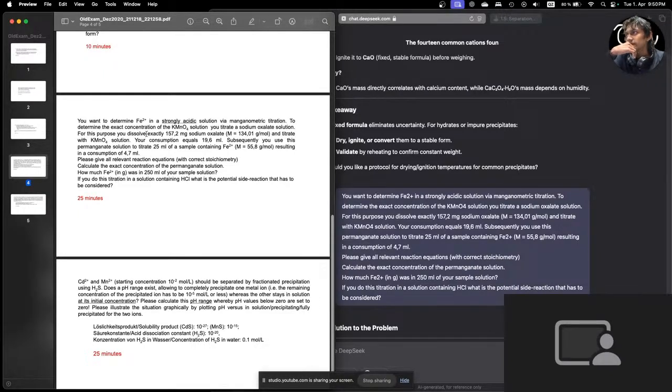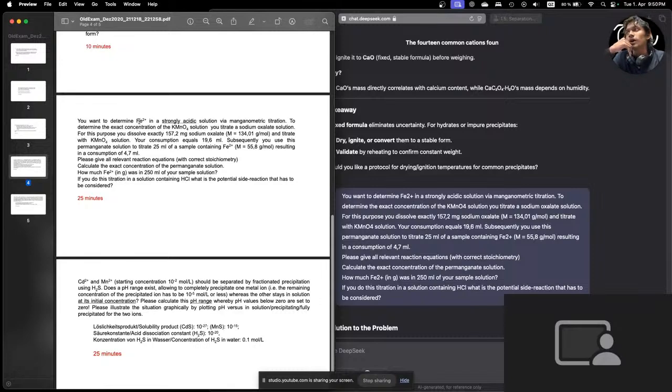To determine the exact concentration of the potassium permanganate solution, you titrate a sodium oxalate solution. For this purpose, you dissolve exactly 157.2 milligrams of sodium oxalate and titrate with KMnO4 solution.